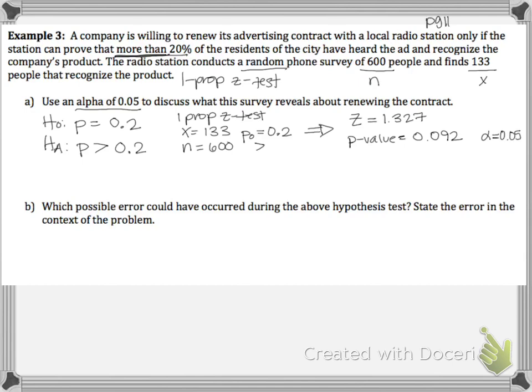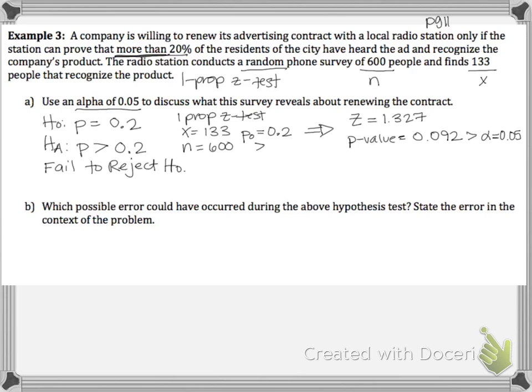And the Z-score tells us we're about 1.3 standard deviations away from the center here. So 0.092 is in fact greater than 0.05. If we have a p-value greater than our alpha level, then we have to fail to reject the null.